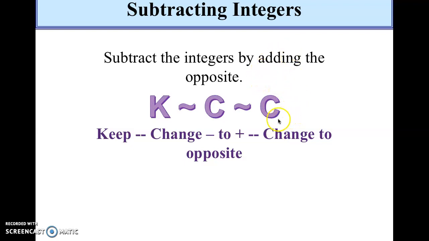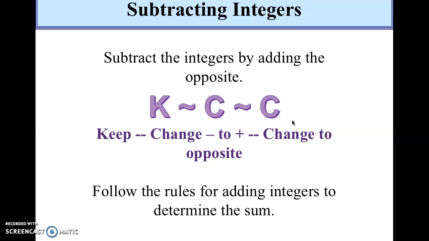If it was a positive number, we change it to a negative. If it was a negative, we change it to a positive. And then we're just going to follow the rules that we used in lesson 12.1 for adding integers. So you might want to keep those notes handy.